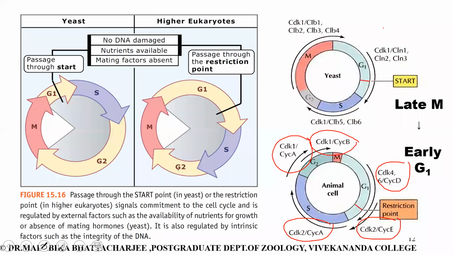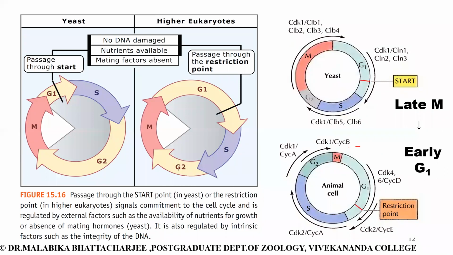We now move on. We start with what is happening in late M and early G1. So we are now going to enter the stages of the cell cycle. If you look at this particular picture, late M, early G1, this is the stage I am now talking about.